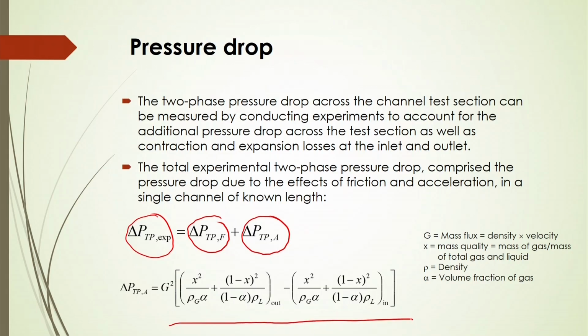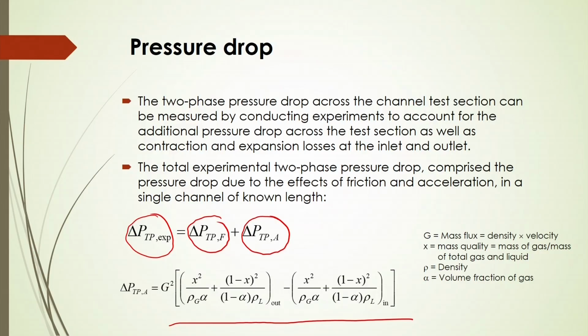This additional pressure drop can be calculated by this equation, simply by a momentum balance, in terms of G squared, the mass flux, the mass quality of the gas, the density, and the volumetric void fraction.